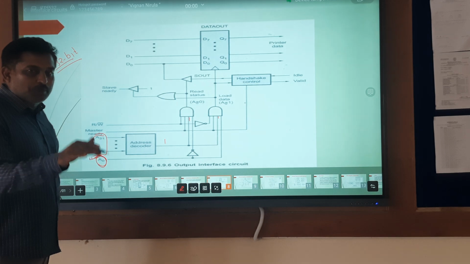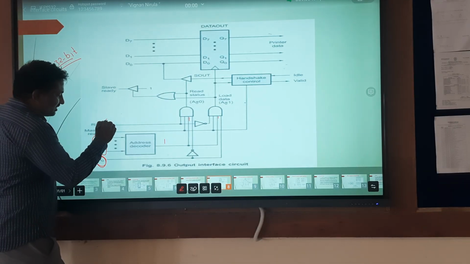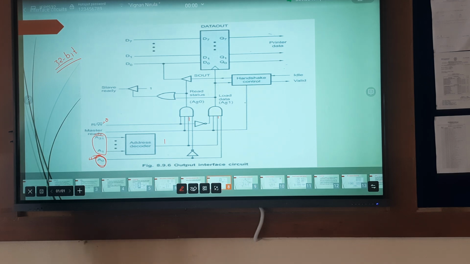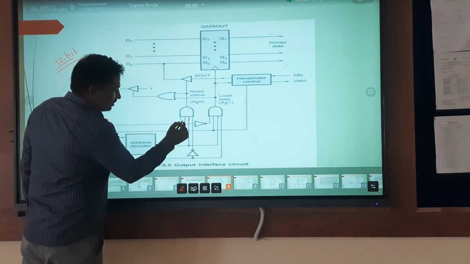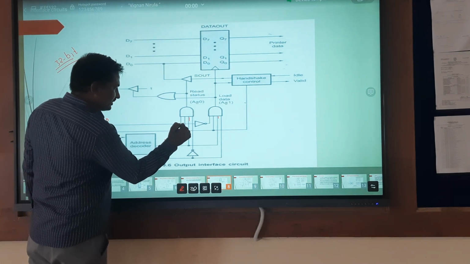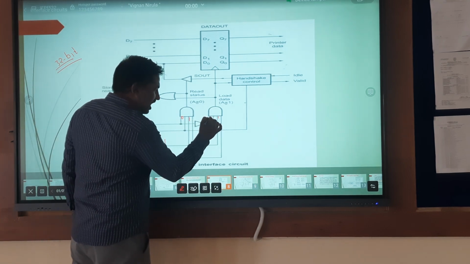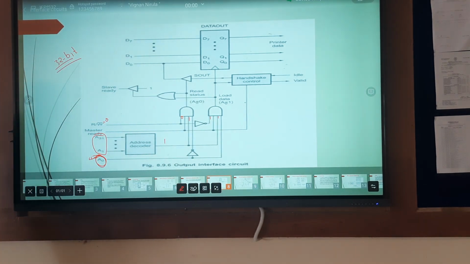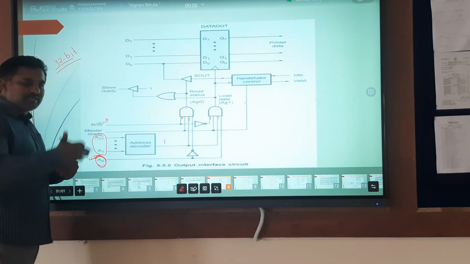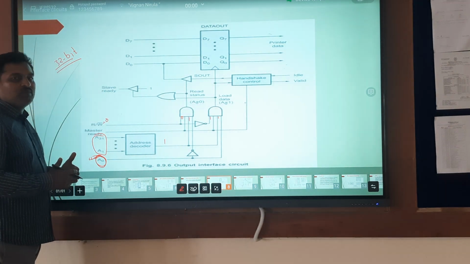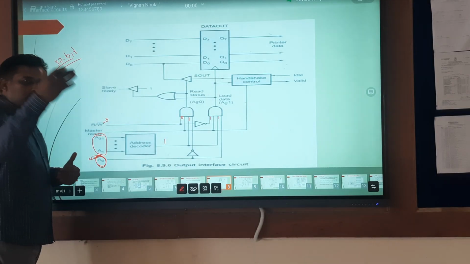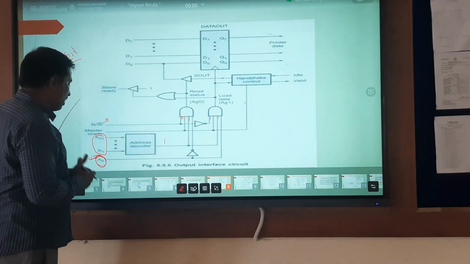Here we are going to perform the write operation, so Read/W bar is equal to 0. If it is 0, this signal connected to here becomes 0, and this goes to here and becomes 1. So first the address is assigned, and then the processor informs the slave device what type of operation is going to be performed.